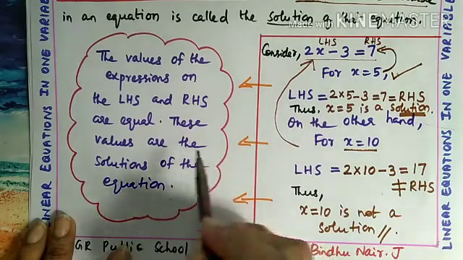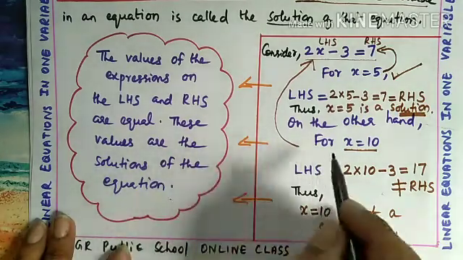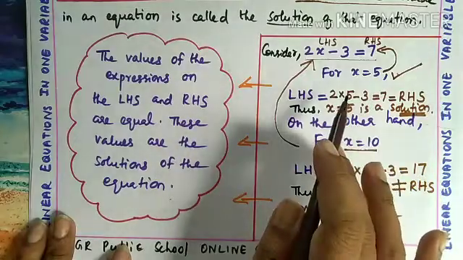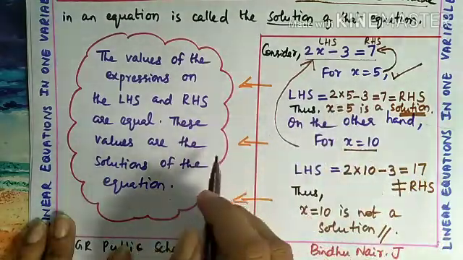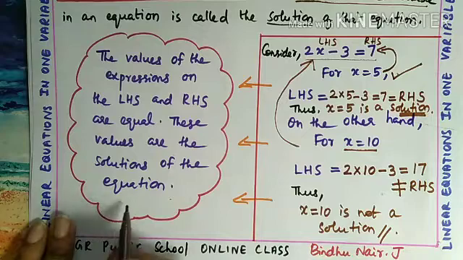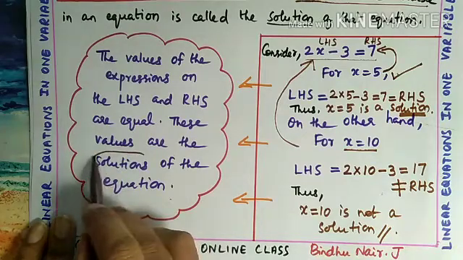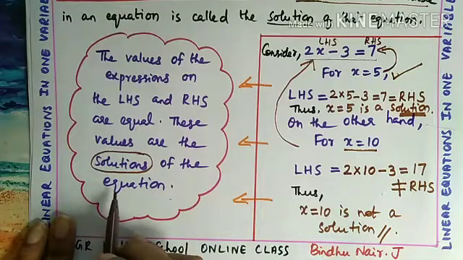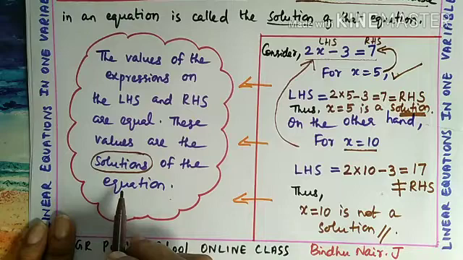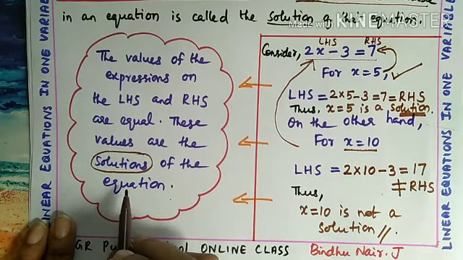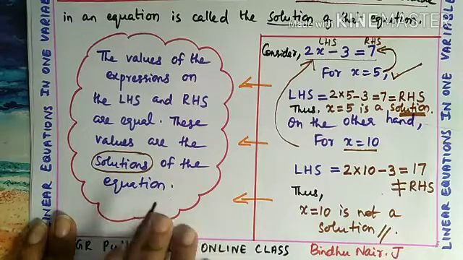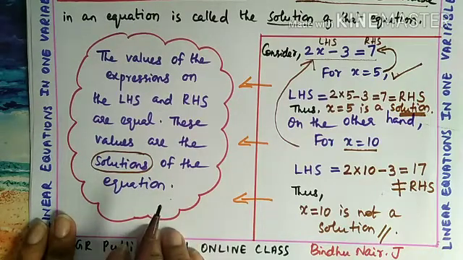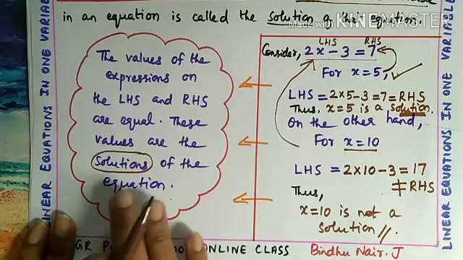Okay, so when we are checking the values in the given equation and it is satisfying properly, then we can tell they are solutions. So solutions means the value of the variable for which LHS and RHS come equal. Okay children, so I think all of you understand this.